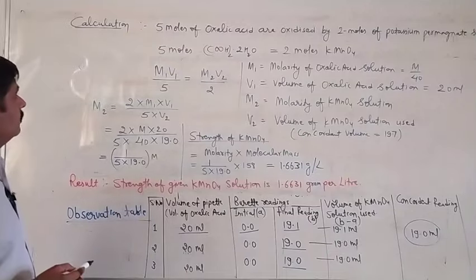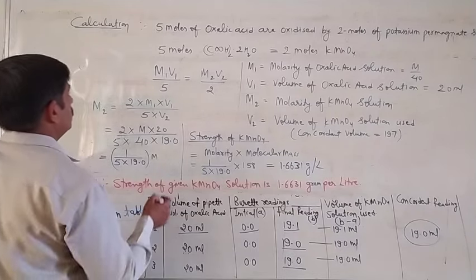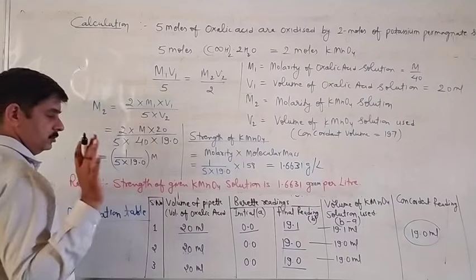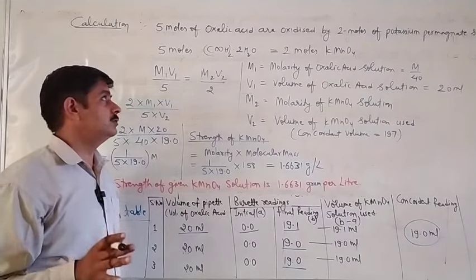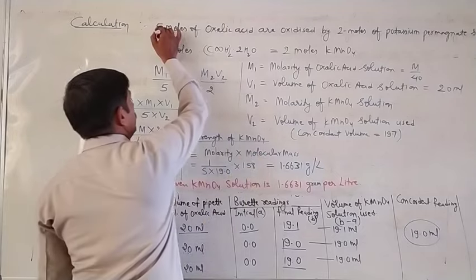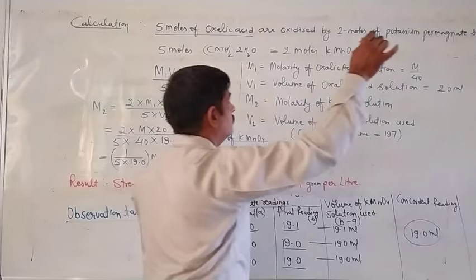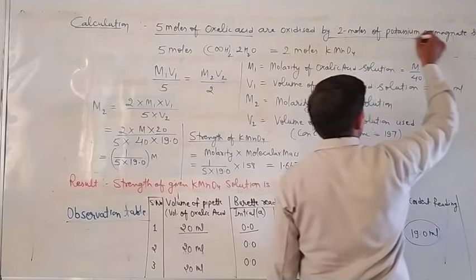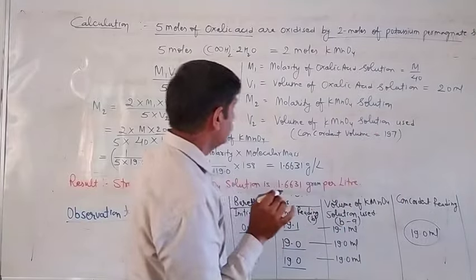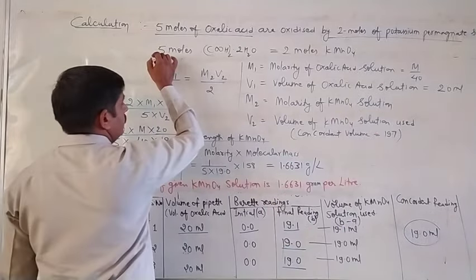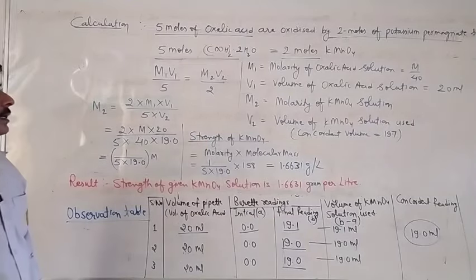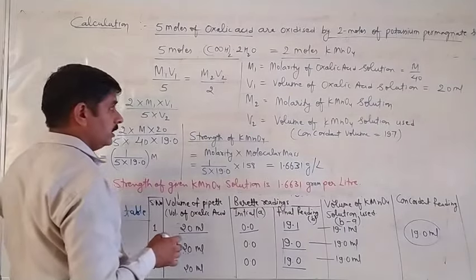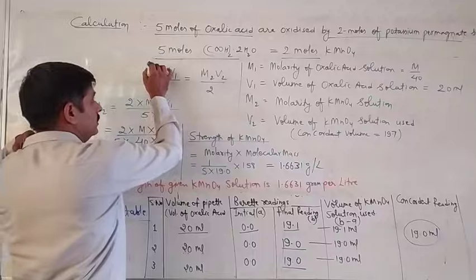So for the calculation, if we see the equation of KMnO4 and oxalic acid, we see that 5 moles of oxalic acid are oxidized by 2 moles of potassium permanganate. That means the equivalent weight of this equals this. ठीक है, तो इनको आप equal में रख सकते हैं. Now we can use this equation for the reaction.